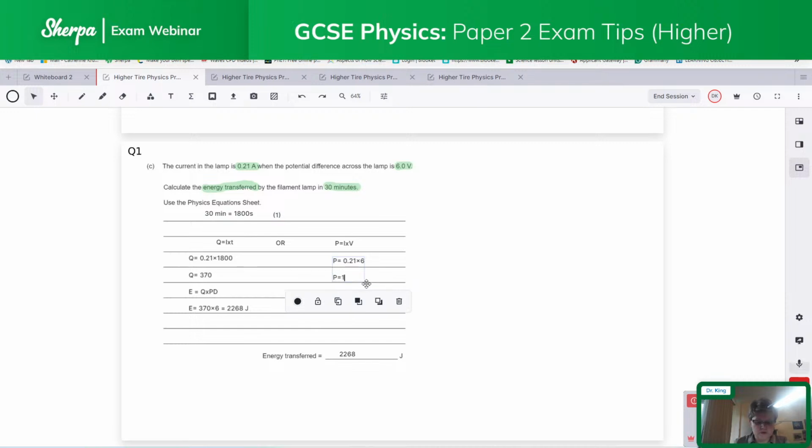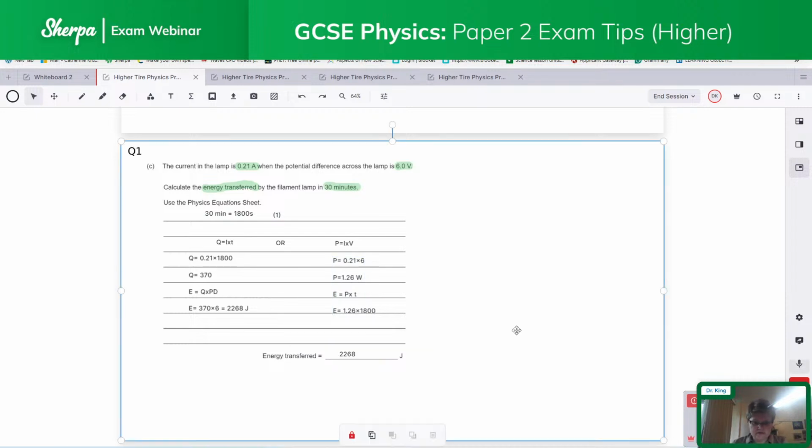Second, P equals 1.26, and because it's power, we express that in watts, which gives us energy transferred equal to P times t, so power transferred in a given time, which gives us 1.26 times 1800, and that gives exactly the same result. Which method you choose doesn't matter. Remember to write down the equation that you start from, the equation that you use for calculating energy transferred.